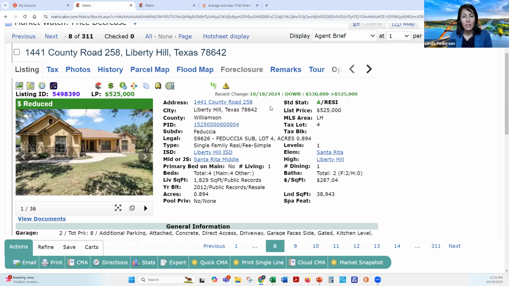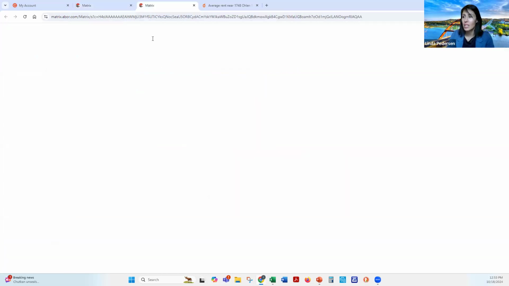So the other way to look at MLS is not only looking at the property watch and whatever the status is, but doing a keyword search. So what we've done is we've set up a keyword search based on distress words, and now having that set up, we can run it all the time.